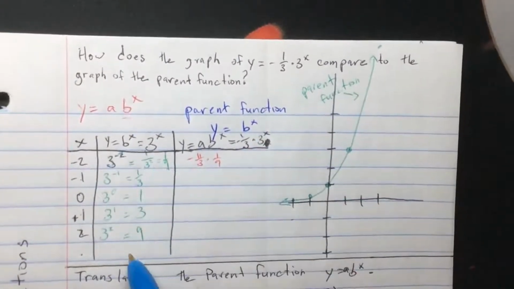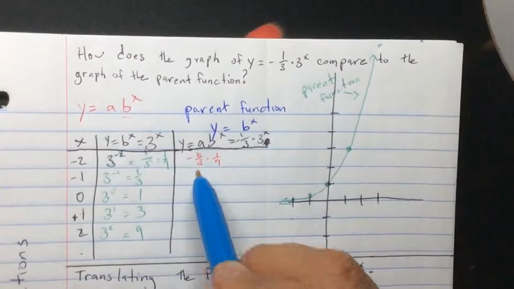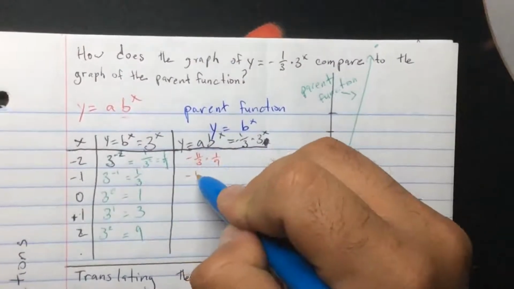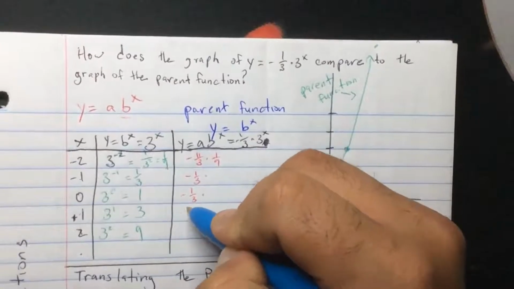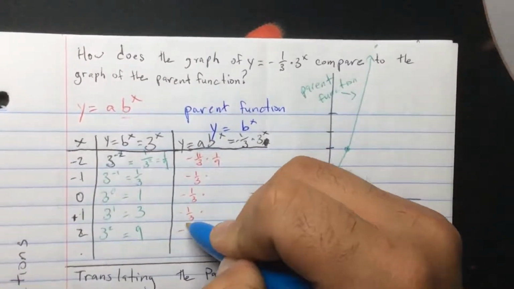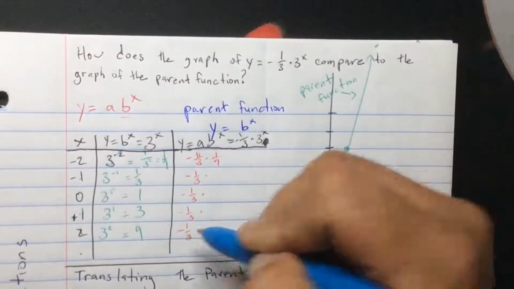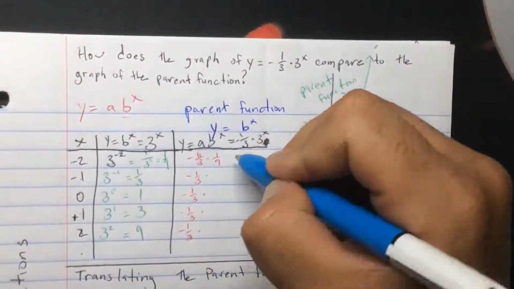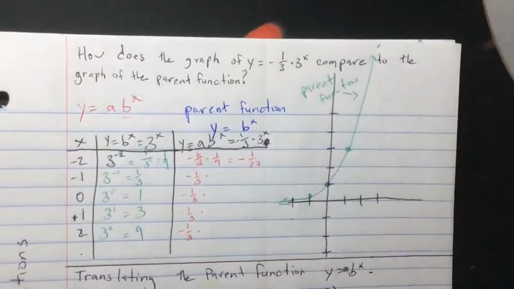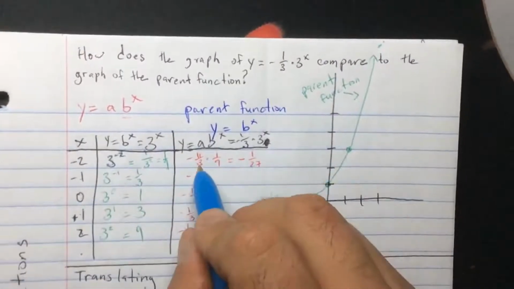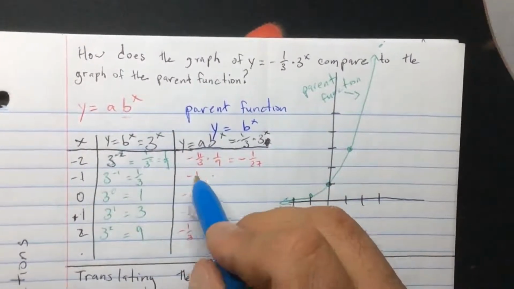So we're just going to multiply each of these by the -1/3. -1/3 times 1/9 is going to give us -1/27, because 1 times 1 is 1, and 3 times 9 is 27. Negative times positive.